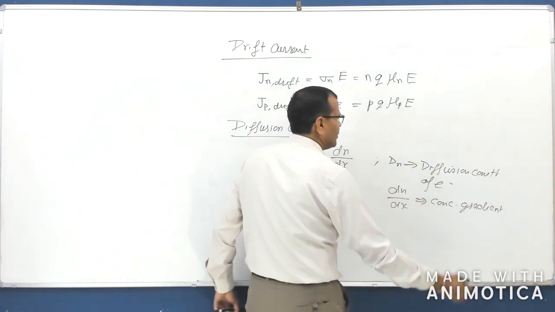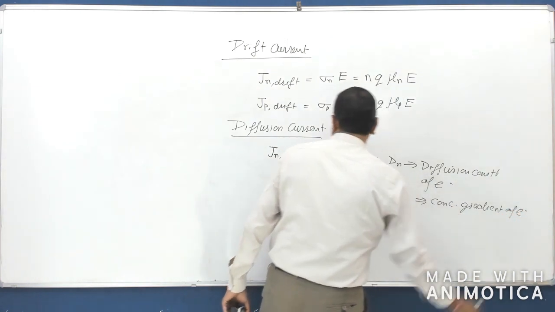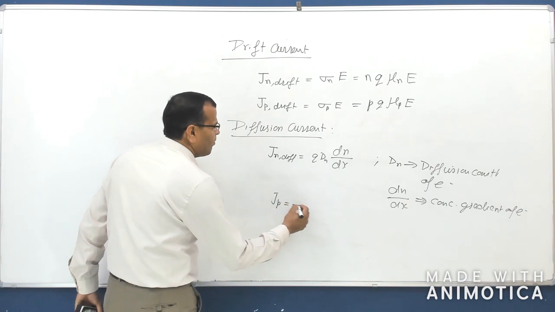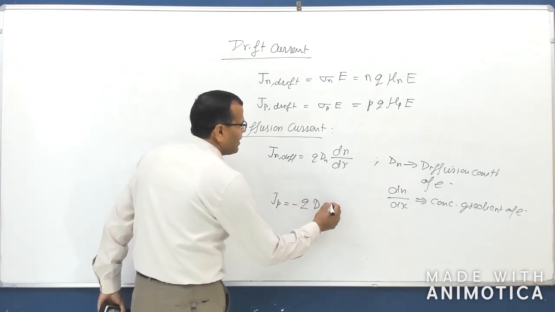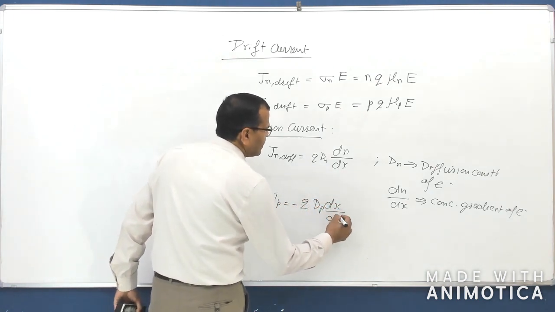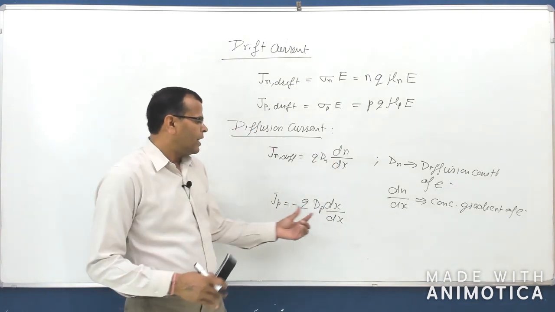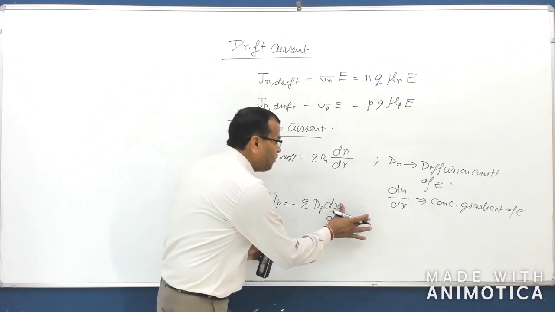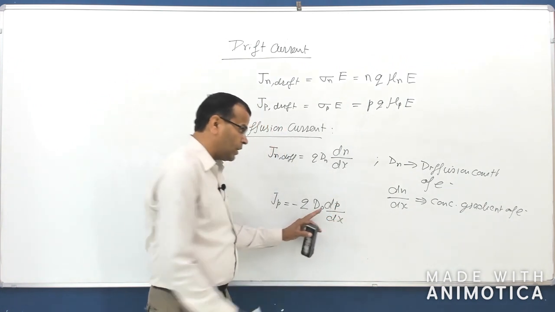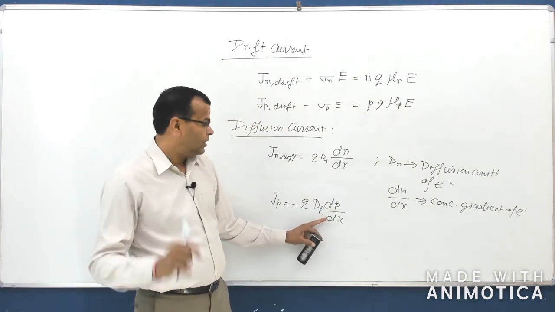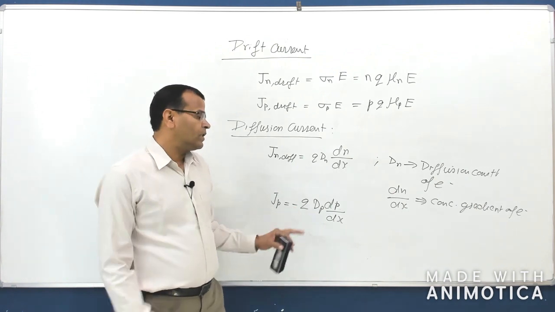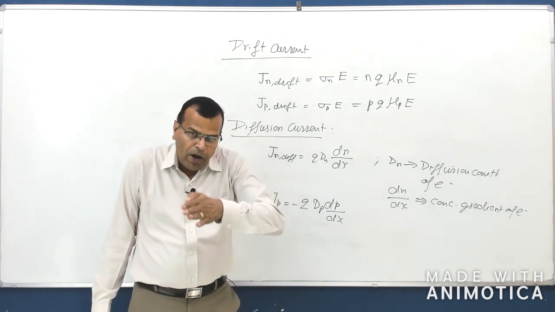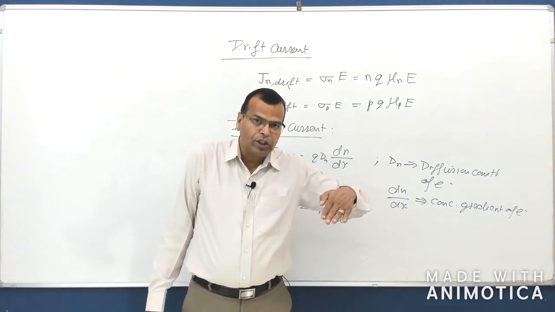Then diffusion current because of holes is given by minus q Dp dp by dx. Similar to this expression, Dp is the diffusion constant of holes, and dp by dx is nothing but the concentration gradient of holes. Why do we have the negative sign? The negative sign is because the holes will flow from higher concentration to lower concentration.